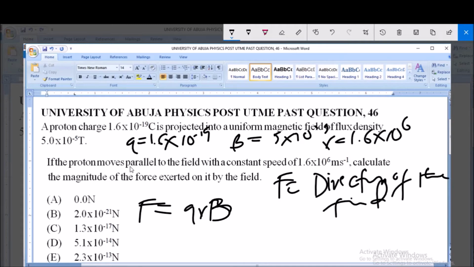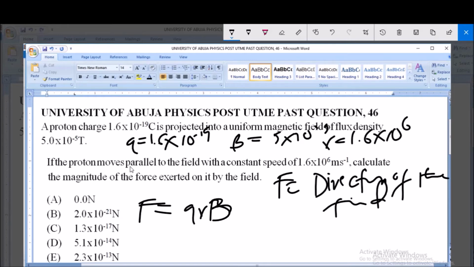with a constant velocity. Now the word parallel changes the course of our solution. When a particle moves parallel to a field, it has no force, hence its velocity is constant. There's no net force acting on that particle.